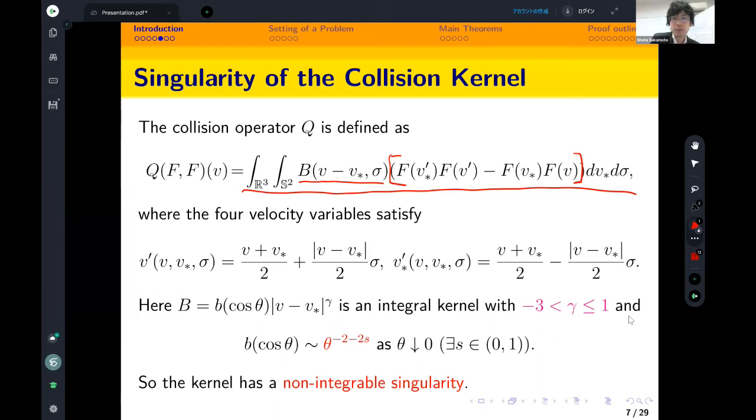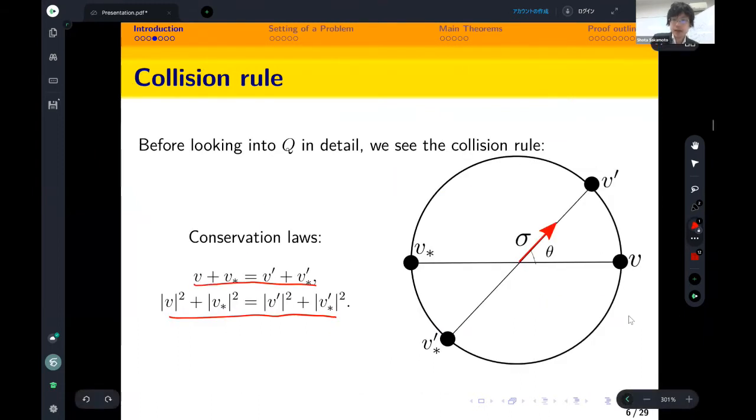Here we have f of v star prime and f of v prime. This says that since f is a probability of observing a fixed velocity, and by classical mechanics, we know that if this kind of collision happens, then the opposite one, I mean the reversible one, like this, should also happen because the collision is reversible.